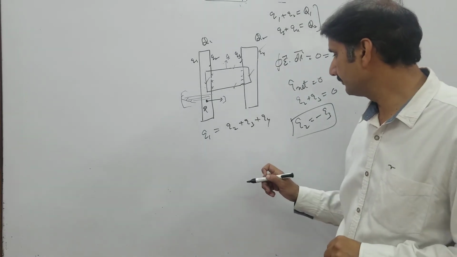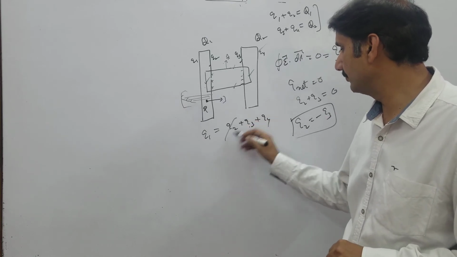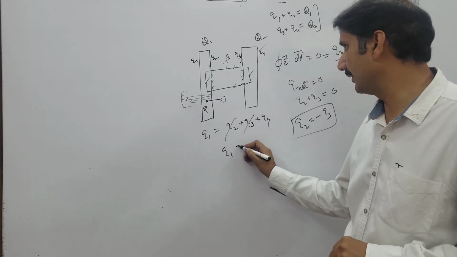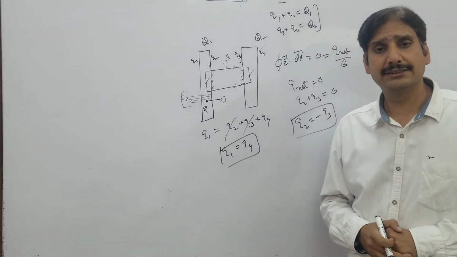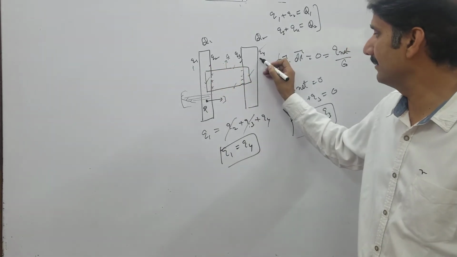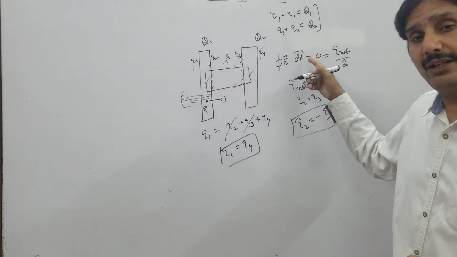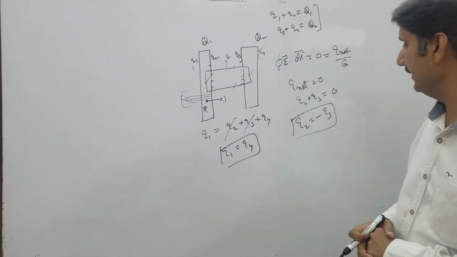But you know that Q2 was equal to Q3, so Q1 is equal to Q4. So whatever charge is over there, the same charge will appear on the outside, on the other side of the second plate.